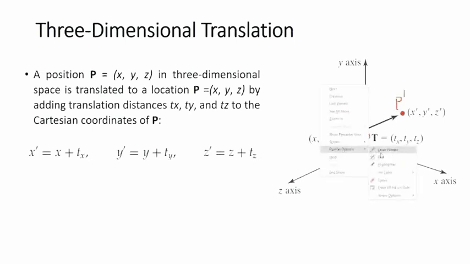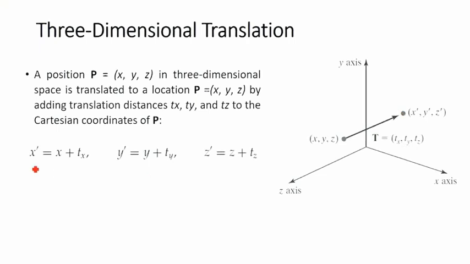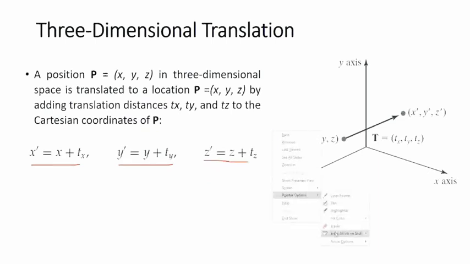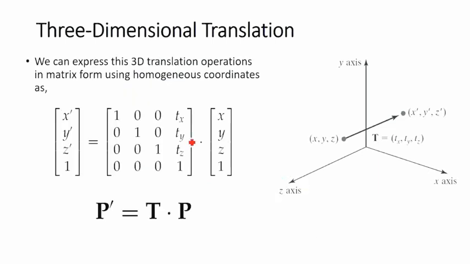These are the equations of the 3D transformation. Now when we look at the matrix for this, the matrix would look like this. This is tx, ty and tz.